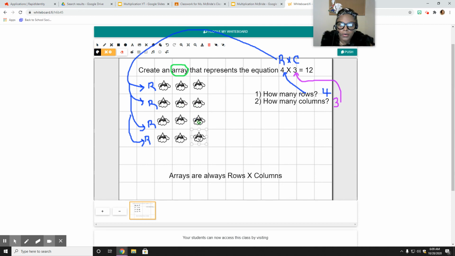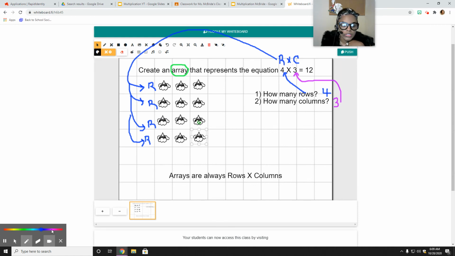There we go. Now, when we count columns, we do include this first column. So let me make sure, because I need to check myself. Here's a column, here's a column, and here's a column. And there's the connection to the 3. Oh, there we go.